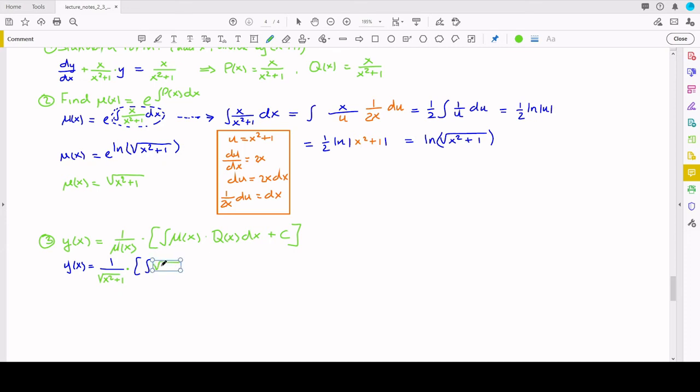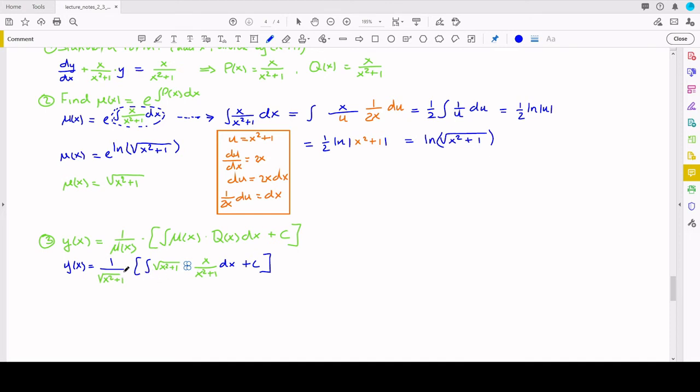So what we have there is square root of x squared plus 1 times x over x squared plus 1 dx plus a constant of integration. So let's tackle this integral first.